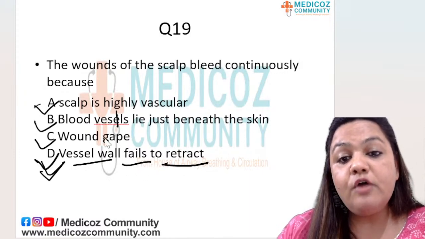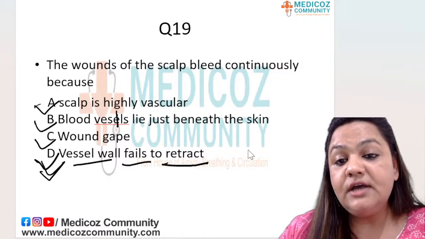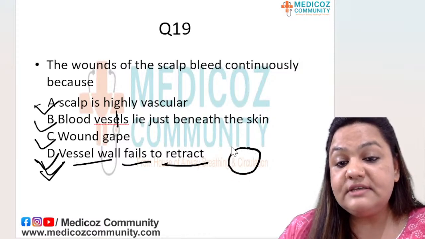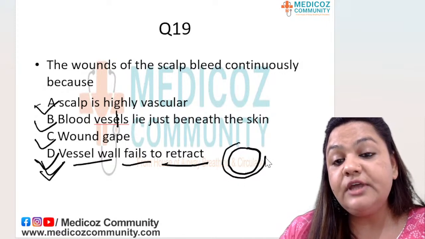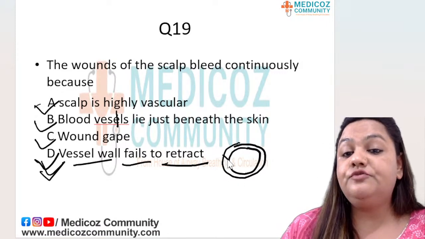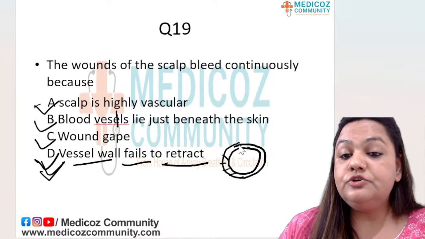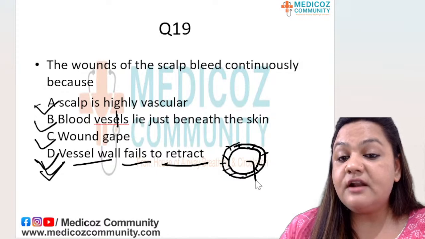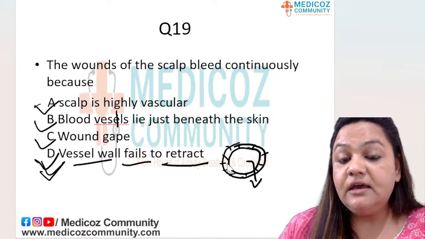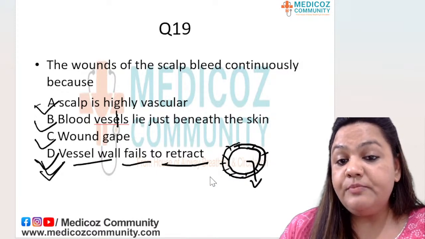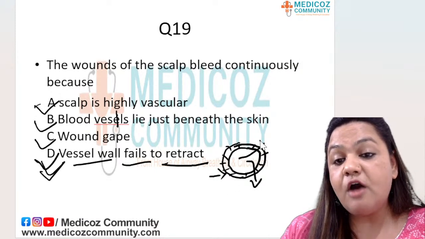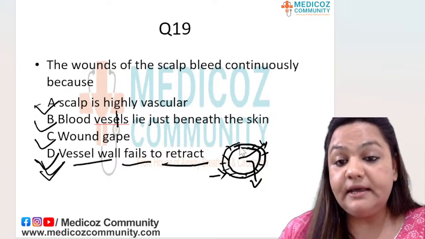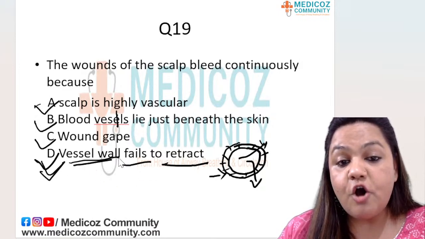All of you have understood this point, because the wall of the blood vessels fails to retract because they are adherent to the surrounding connective tissue fibers. So when these blood vessels rupture, the wall cannot retract, they stay open, and that's how there is continuous bleeding. This is the correct answer here, option D.